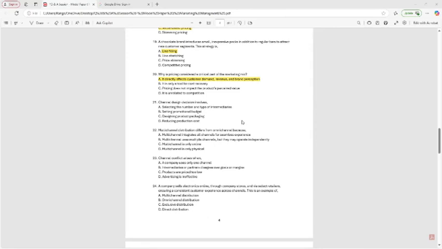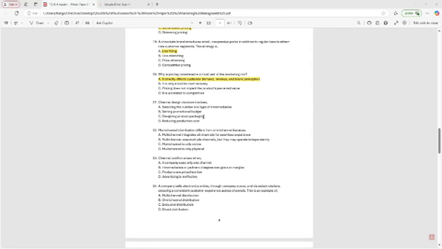So selecting the number and type of intermediaries, setting promotional budget, designing product package, reducing production cost. Channel design decision involves selecting the number and type of intermediaries. Setting promotional budgets, no, it's not under the designing part.